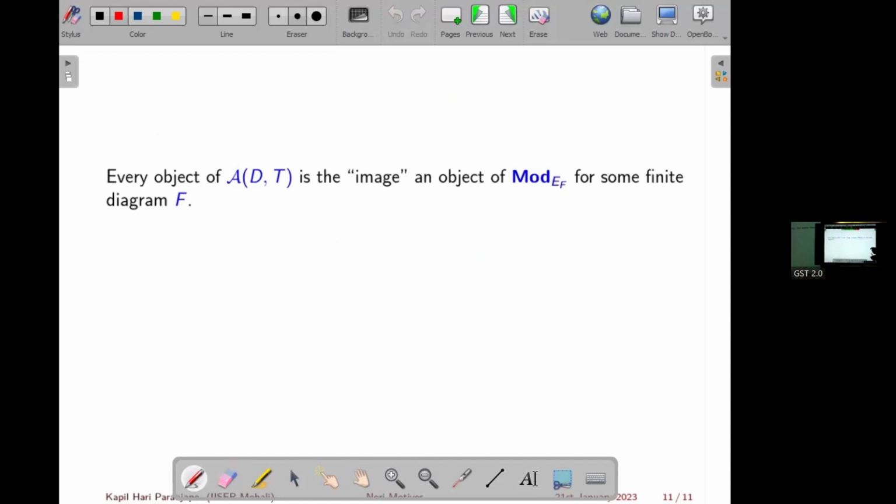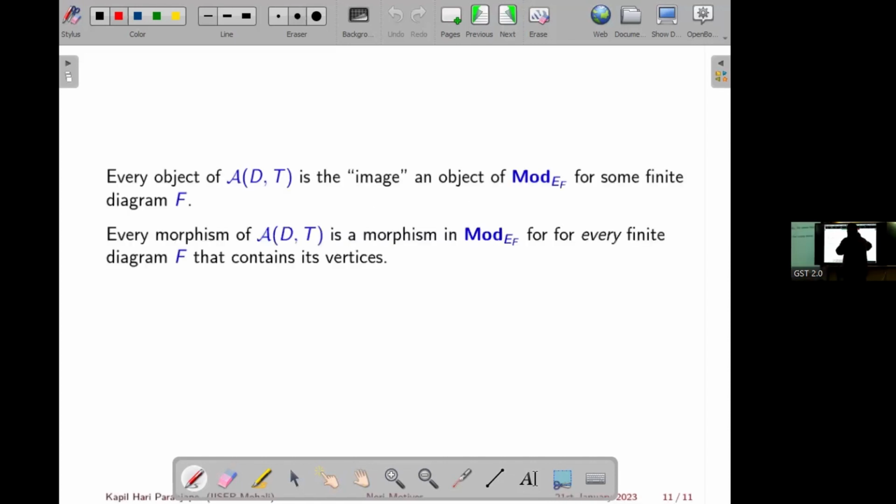A morphism in each stage will give me a morphism in the next stage, because there is a functor, but it should be a morphism at each level, for every finite diagram. That means when I go down, two morphisms may become different or may become equal.